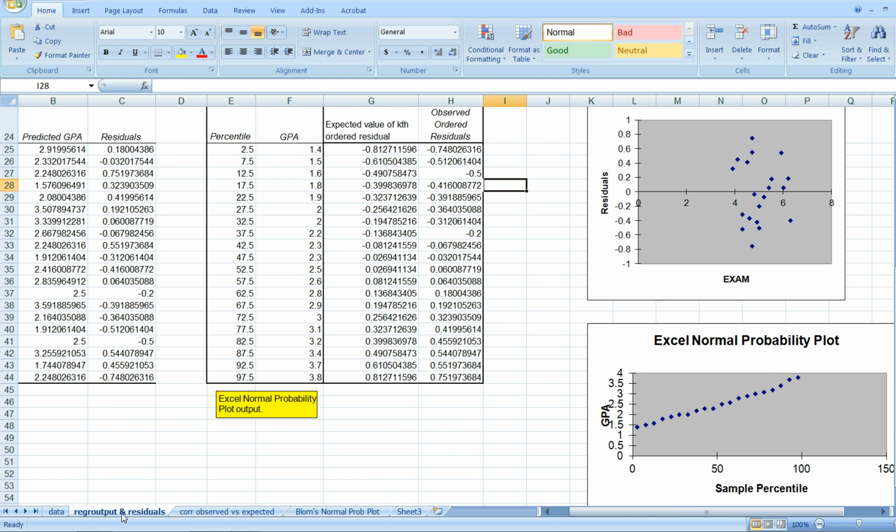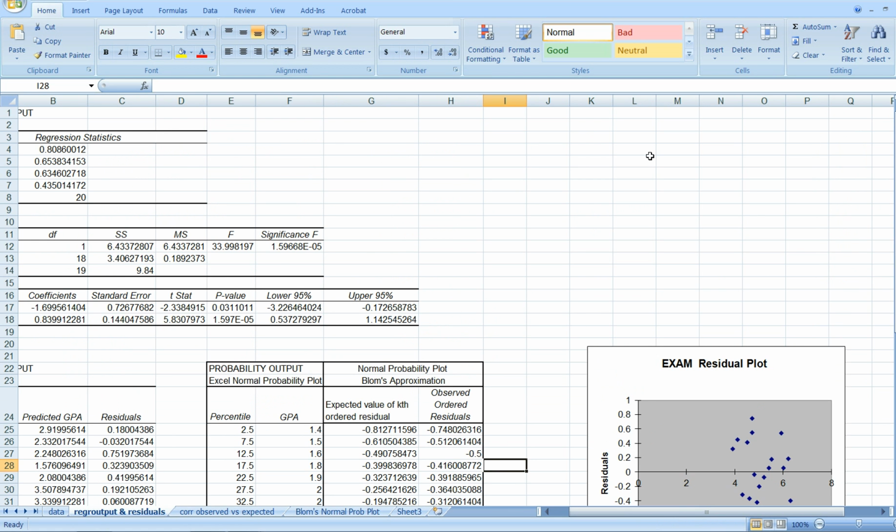The concern was, is there a relationship between the admission score and the GPA? In order to assess that, I built a little regression model using that data set, and it looks pretty good.